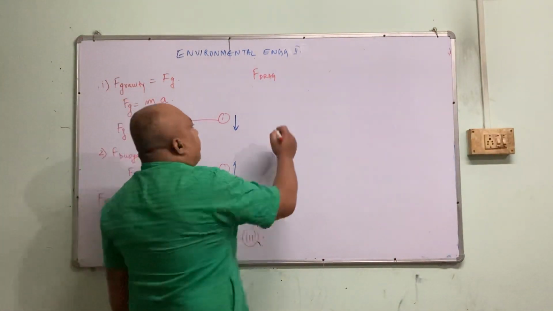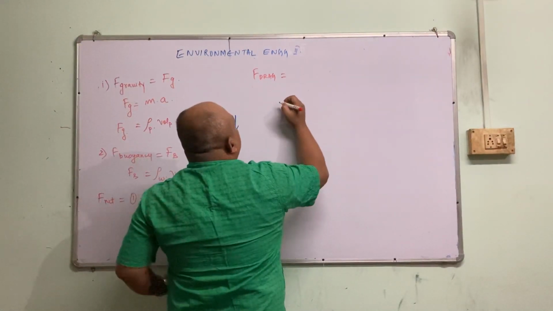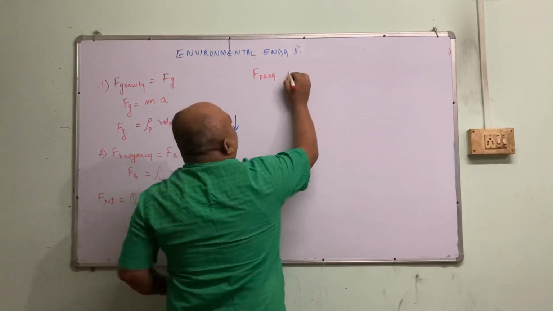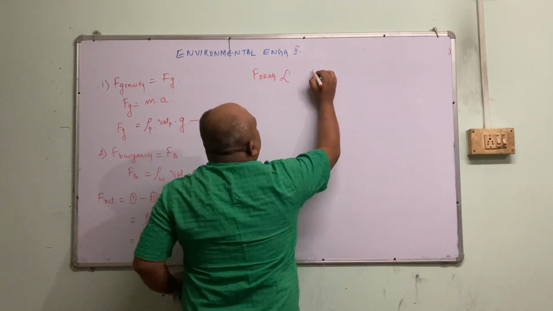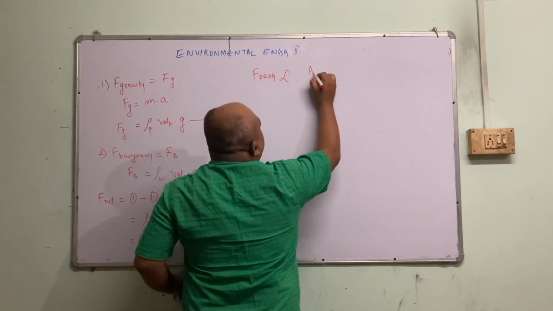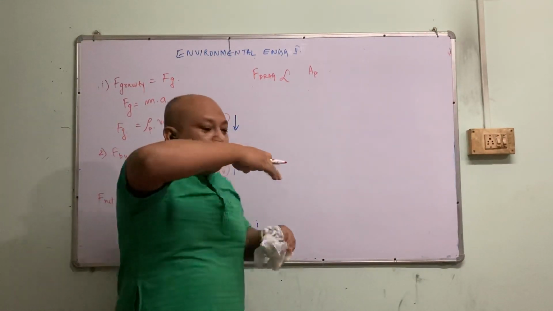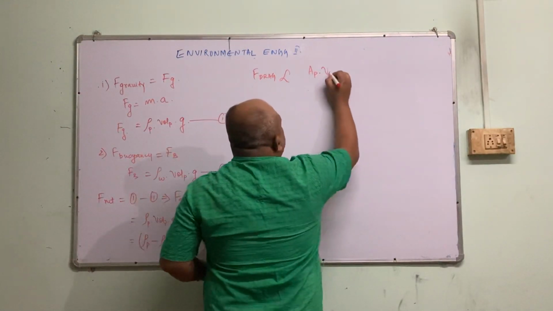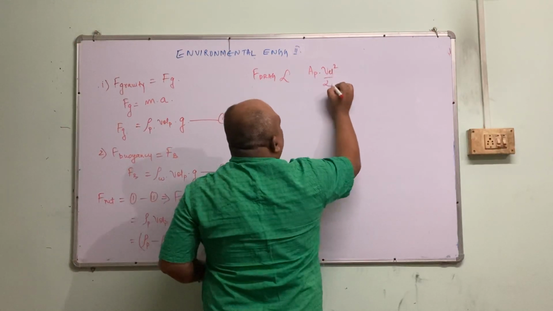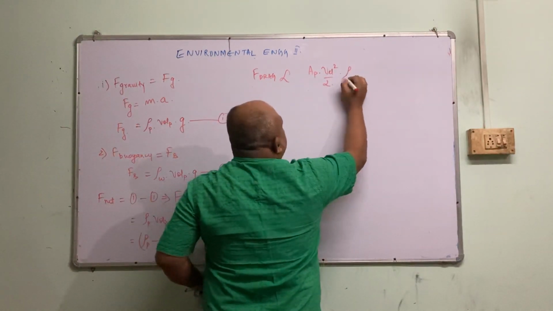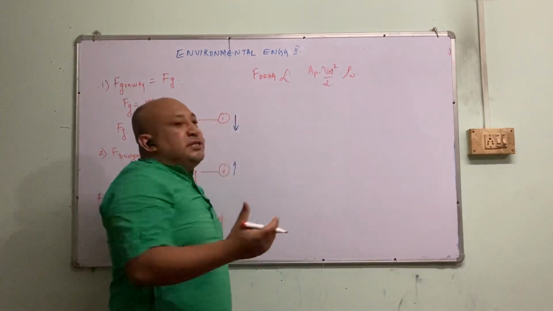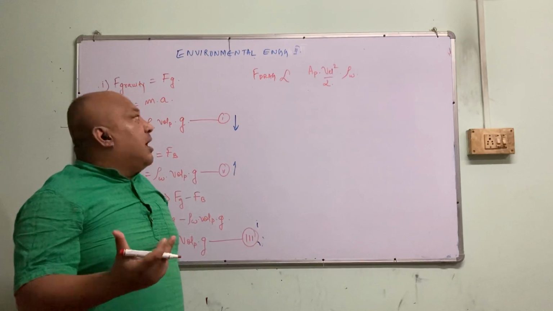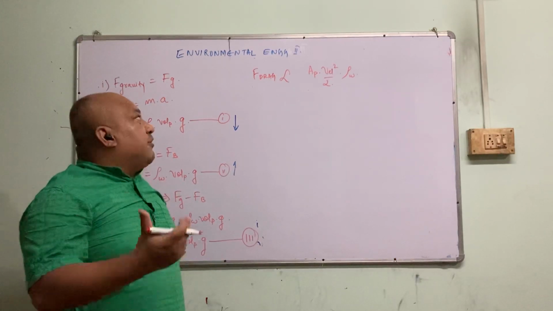So this drag force, from physics in class 11 and 12, you know, is always proportional to the area of the particle. Area means the cross-sectional area of the particle when it comes down. Then velocity squared by 2 and the density of the water. If the density of the liquid is very high, it will affect it. If it's glycerin having high viscosity, the friction will change.